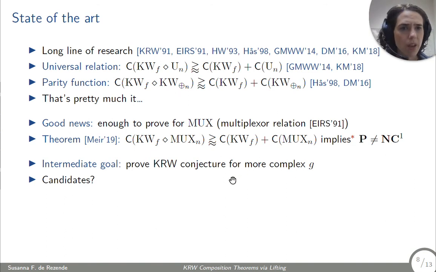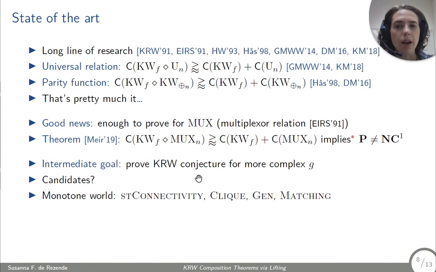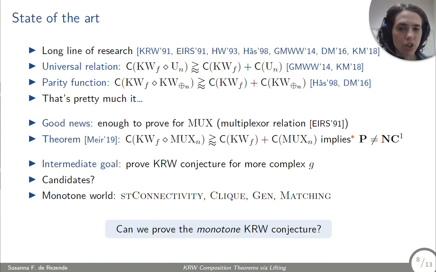So actually we don't have other candidates for which we could extend these results. In the monotone world, we do have several functions for which the monotone version of the KW game, which we'll see in a minute, is well understood. These include ST connectivity, clique, the gen function, matching. So there's this natural question: can we actually show that the monotone KRW conjecture holds?